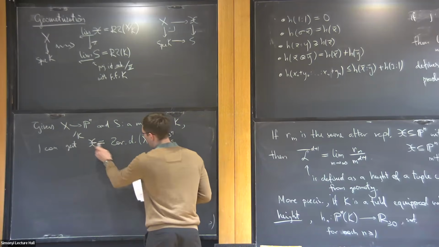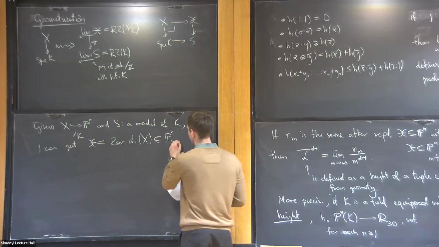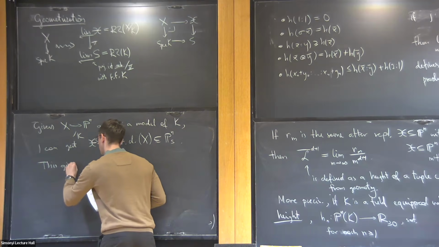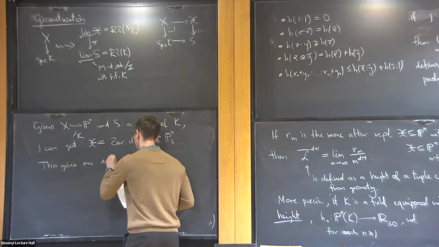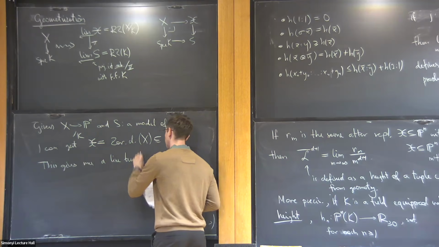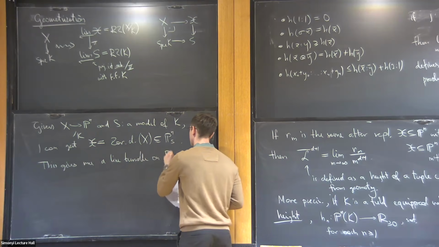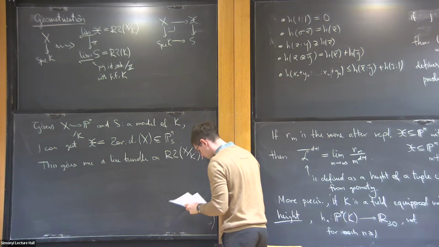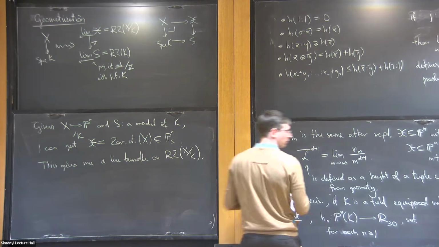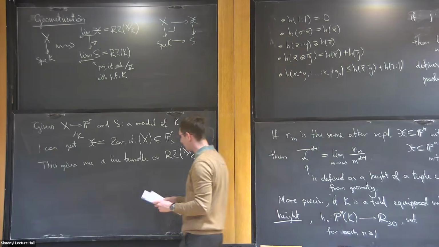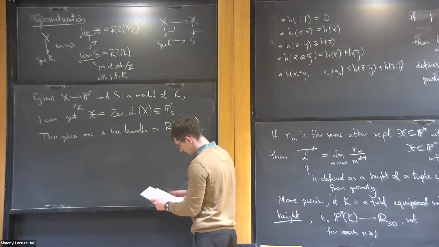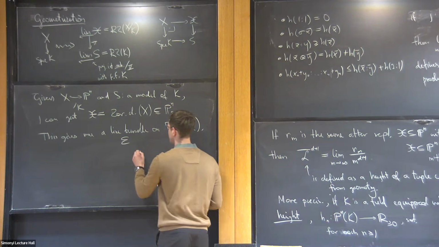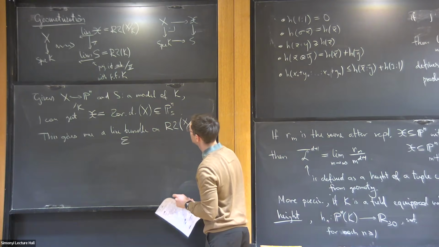I can look at the line bundle on this, and this gives me a line bundle by going to the inverse limit on this Riemann-Zariski space of X over K. And so the way we understand these formulas with Nuno and Antoine is by looking at a line bundle, call it epsilon, on this Riemann-Zariski space.